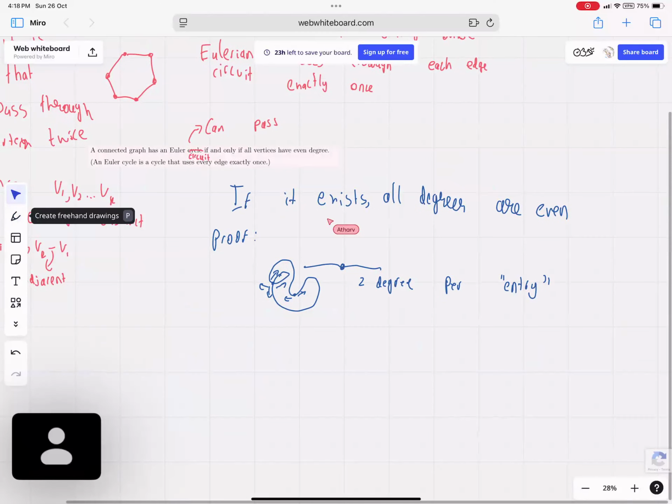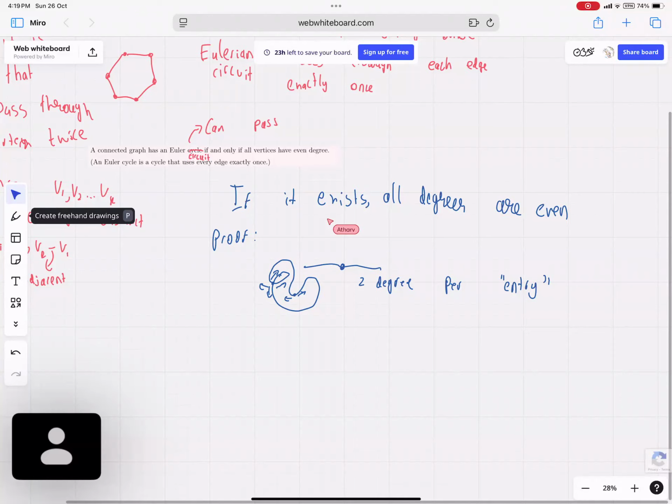Okay, how do we show the other direction? Arav Mishra, this is okay, but it's not exactly correct because if we repeat this procedure, we could come back to a vertex on the path, not the starting point.